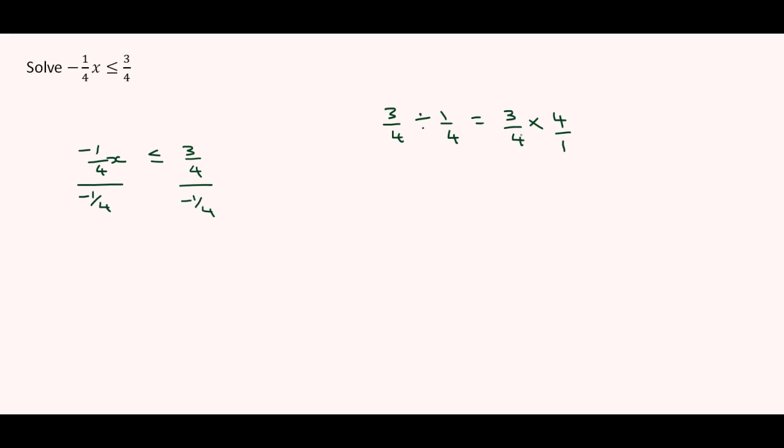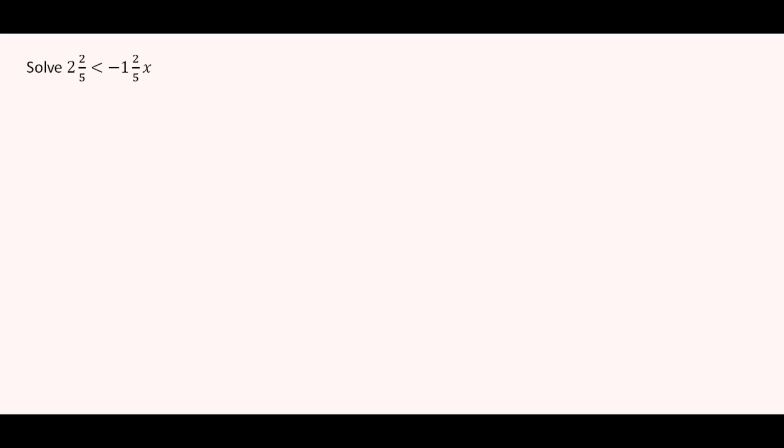So the 4 crosses itself out, and then we have 3 over 1. So now we have x, because we have a negative here, we have negative 3. This is less than or equal to, so we're going to make it greater than or equal to. And I'm going to go back and draw the number line for each of the questions. I think I omitted that.